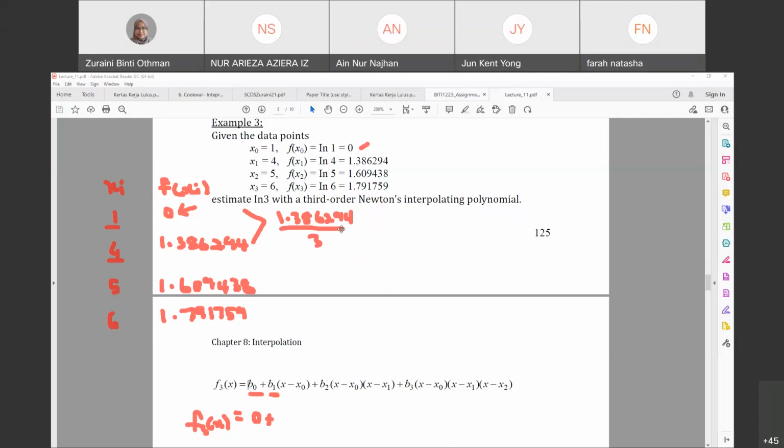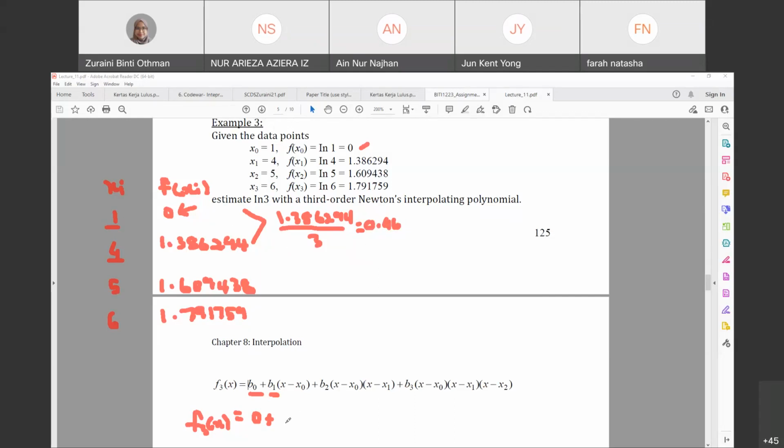Yes, sekarang sila cari, tolong. Dapat tak? Berapa? 0.462098. Okay, tak apa, kita ambil 0.46 ya? Okay.